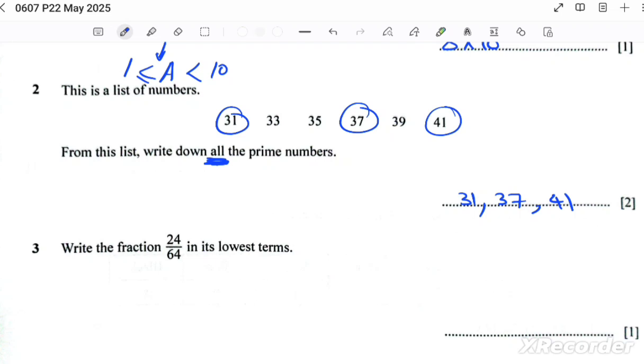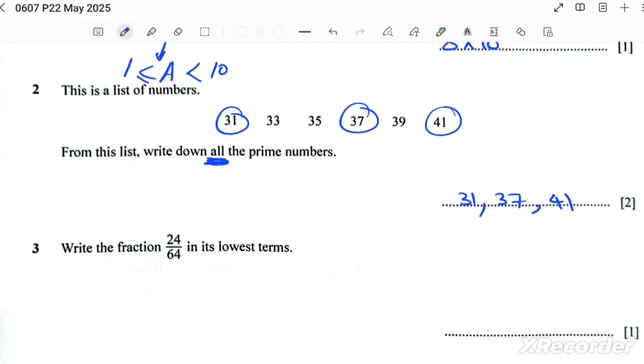Okay, so 31, 37, 41. By the way, you should know not only the prime numbers, but also cube numbers, square numbers, multiples, factors, and triangle numbers. You have to check all of them, because a question in the exam can be not only about prime numbers, but also about other stuff.